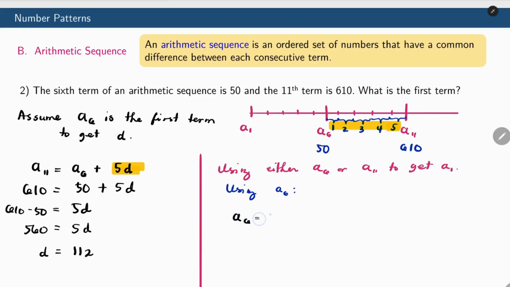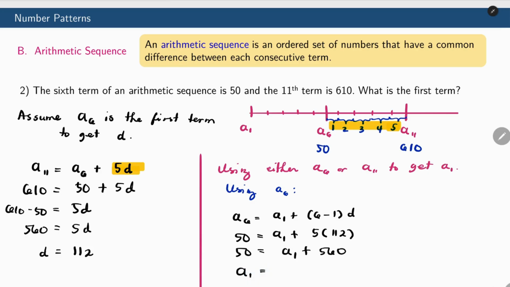Okay, a sub 6 is equal to a sub 1 plus 6 minus 1 times d. Okay, a sub 6 is equal to 50. And then a sub 1 yung nawawala, plus 5 times 112. Okay, yung 112 yung common difference na na-solve natin. So, a sub 1, 50 equals a1 plus 560.